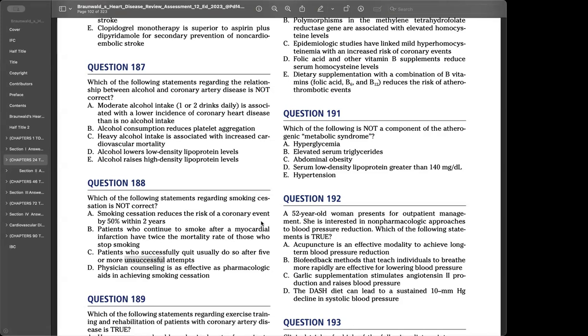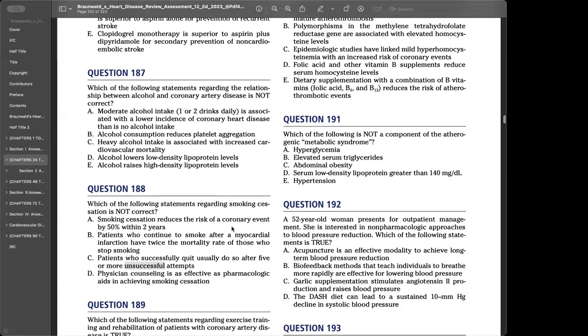Moderate levels of alcohol intake increase the level of HDL, but it doesn't necessarily have the effect of lowering the LDL level. Option E, alcohol raises high density lipoprotein level. I had mentioned that earlier, so this is a true statement, making it false. So the false statement is option D.